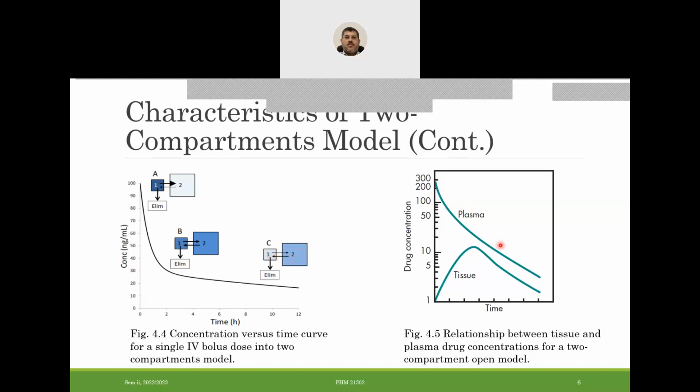But if we monitor the drug concentration in tissues, at time 0 there is no drug in tissues, and there is a fast increase due to distribution. Once the distribution phase is completed, the drug will decrease in the tissues because it will be back distributed to the central compartment. So the concentration will keep decreasing until reaching almost 0.